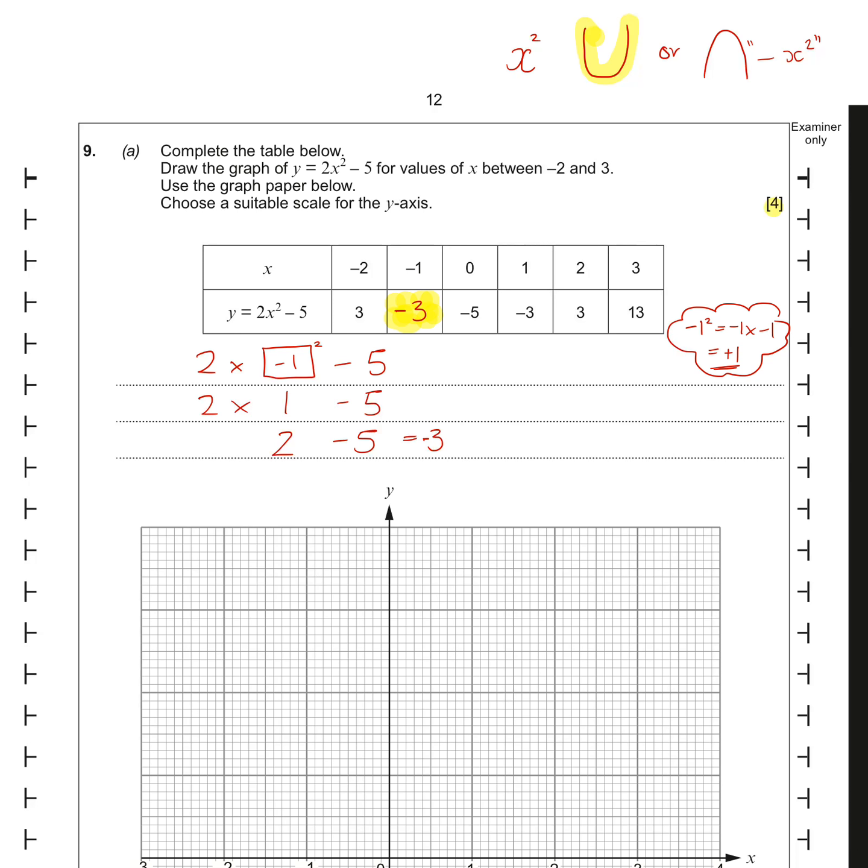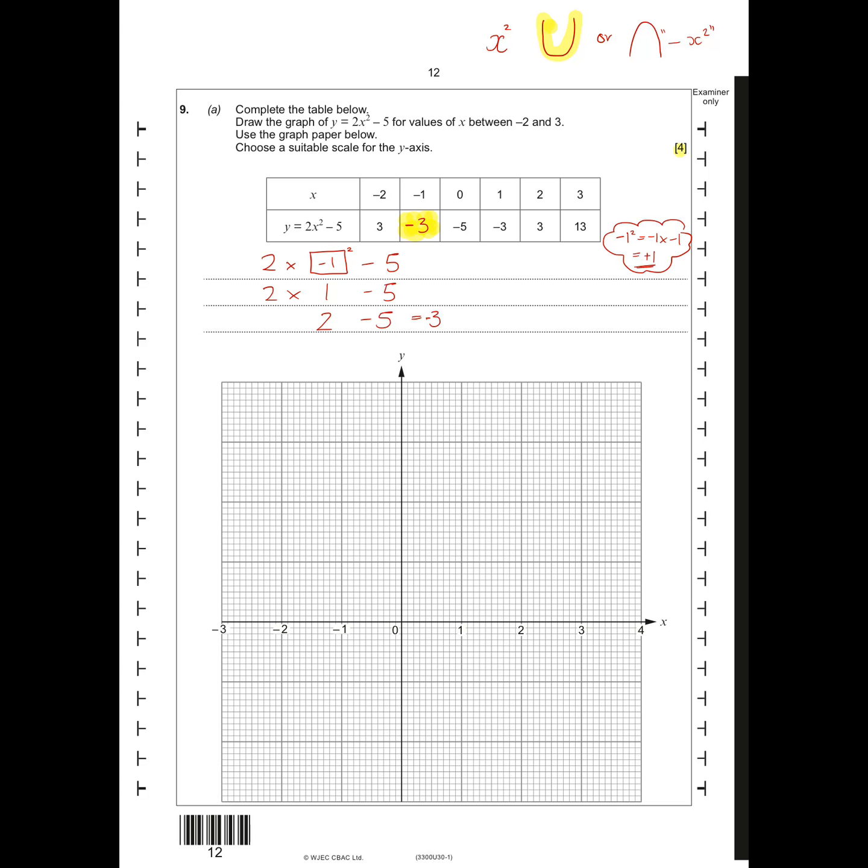Now that I've got that in my table, I'm ready to do the plotting. But I've noticed that on this vertical axis there aren't any numbers, so I've got to put the numbers in myself, making sure that I use a scale that's going to allow me to go from my y values all the way up to 13 and all the way down to minus 5.